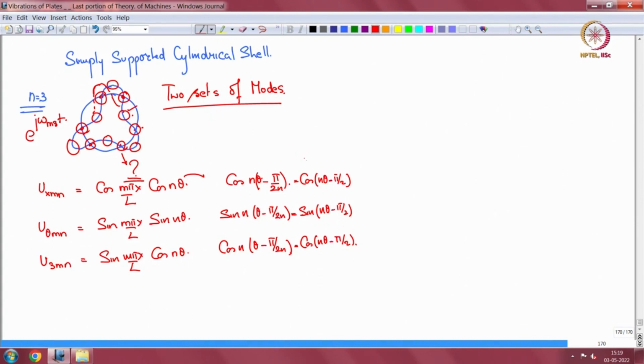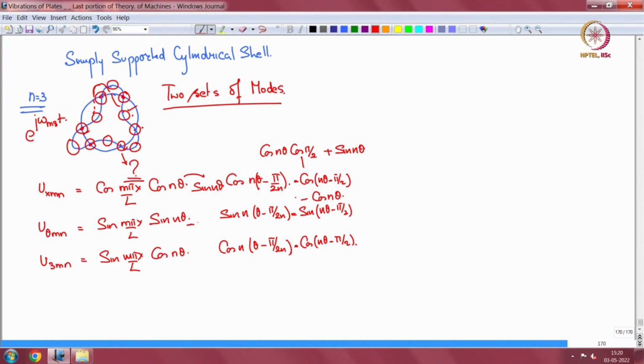Okay. So this gives me cos n theta cos pi by 2 plus sin n theta sin pi by 2. So sin n theta. So the other set here is sin n theta. This gives me sin n theta cos pi by 2 minus cos n theta sin pi by 2.